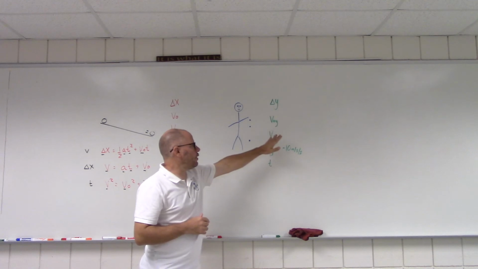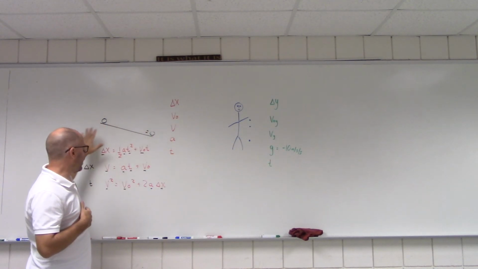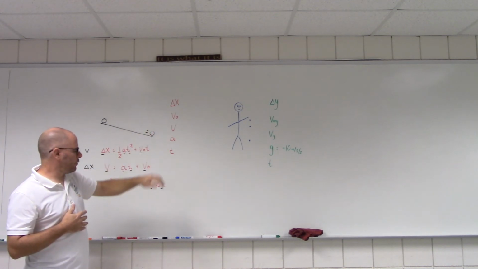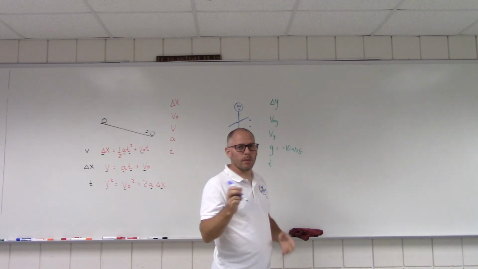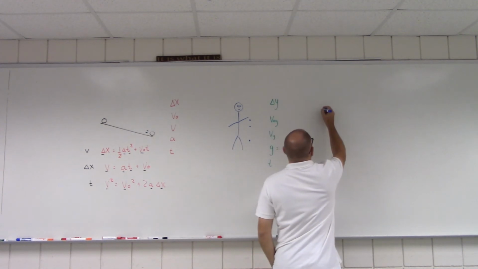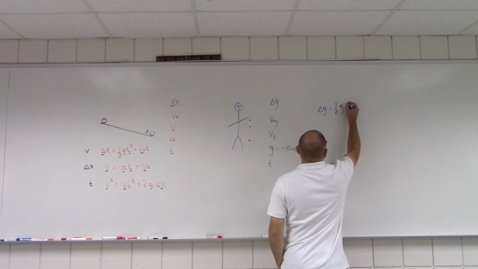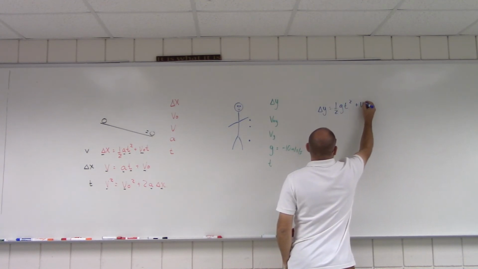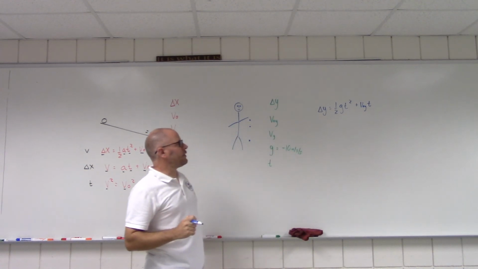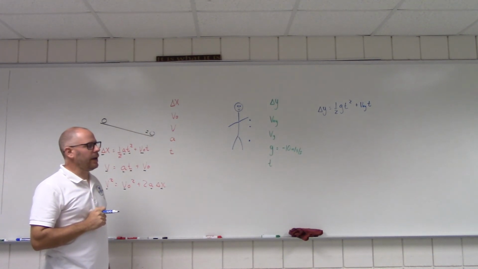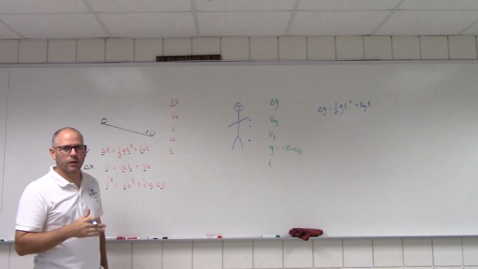So what does this do now that we have new variable names for our conceptual variables over here? How do our kinematic equations relate over here? Well, they have the same structure, but we're going to replace some variables. Instead of delta x, it's delta y. Instead of a, it's g. And instead of v0, it's v0 in the y direction.